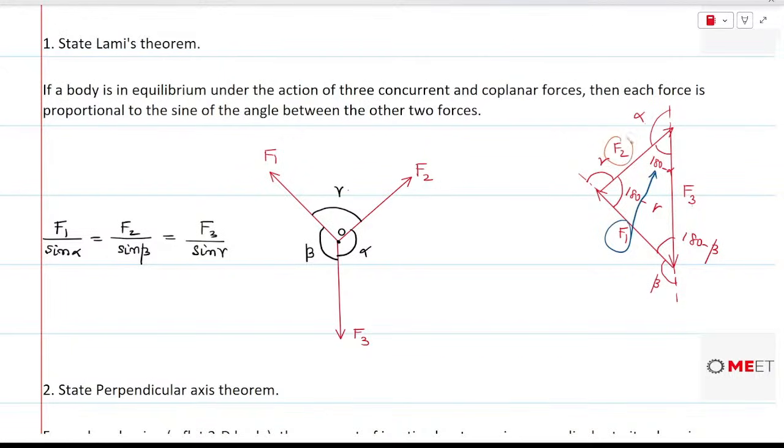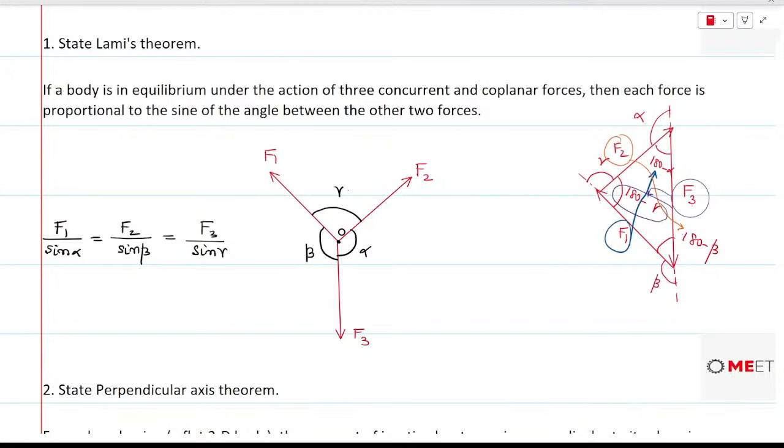F2 should be taken by the angle which is on the opposite side, that is 180 minus beta, and F3 should be taken up with ratio as in the angle on opposite side, that is 180 minus gamma.